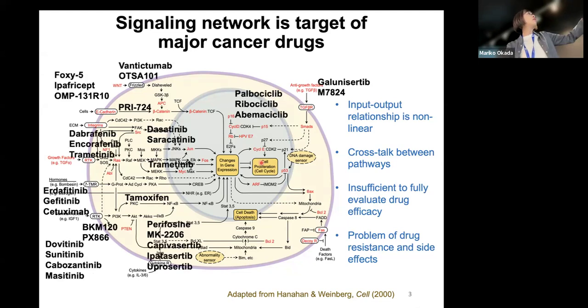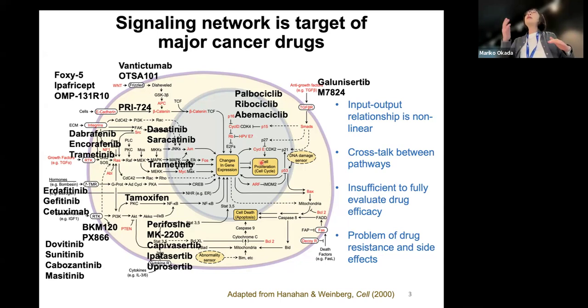So drugs are developed to target the signaling network. You see that there are many cancer drugs, and many other drugs are coming and waiting to be developed. Sometimes, because of side effects or drug resistance, such development has to be stopped.